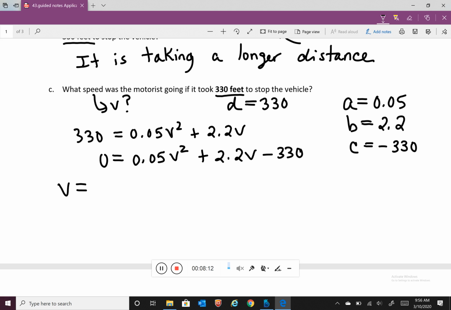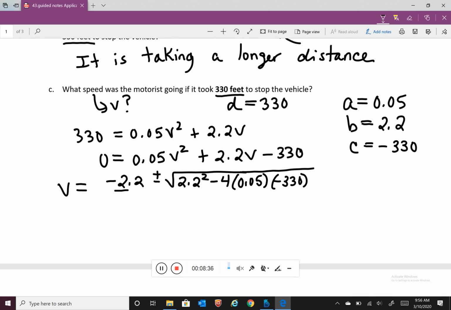V is equal to negative b, so negative 2.2, plus or minus the square root of b squared minus 4 times a times c. And I'm going to extend my radical. And then this is all over 2 times a.